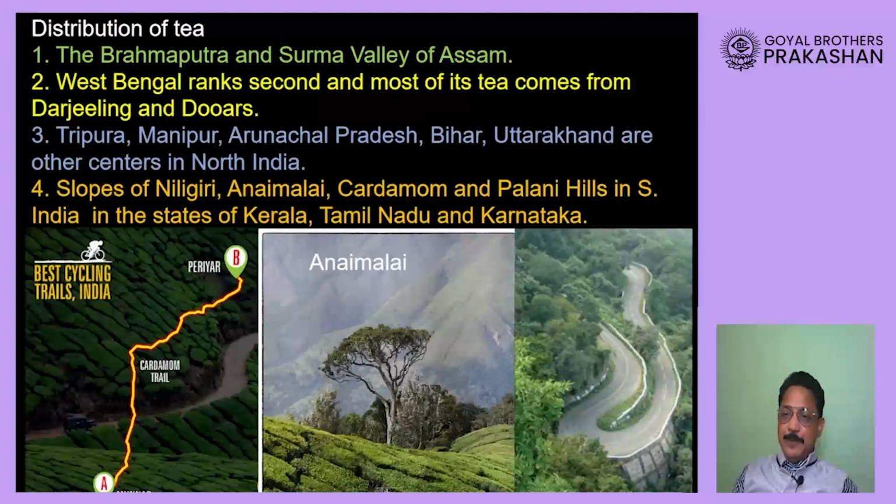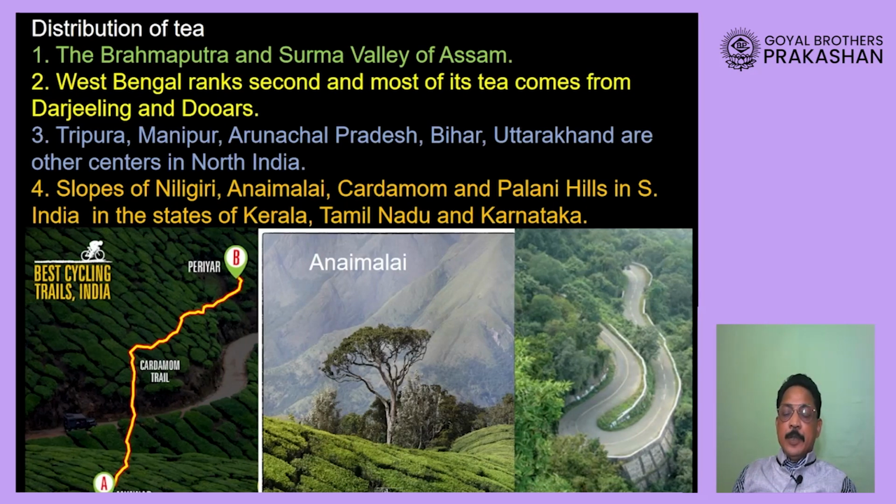Now, major producers, dear student, you must be knowing Assam ranks number one in the production of tea, especially in the Brahmaputra Valley. Darjeeling is very famous, and it is the second largest producer of tea in India. I am talking about Darjeeling, which is in West Bengal.